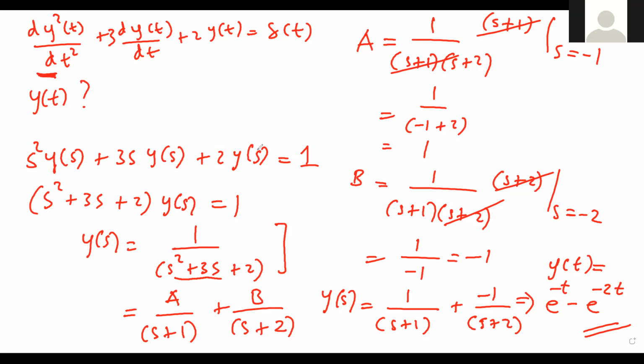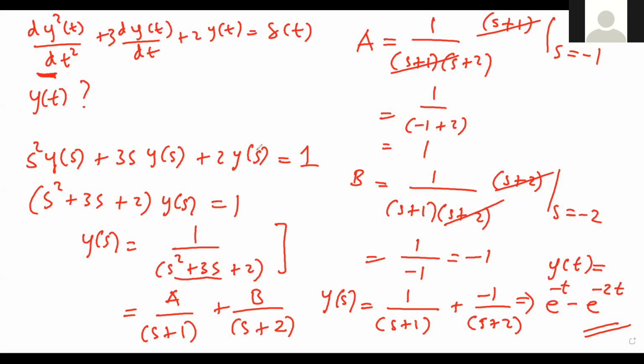I found that my lower part was the same as s squared plus 3s plus 2, and I think it has two roots, minus 2 and minus 1, if I'm not mistaken.